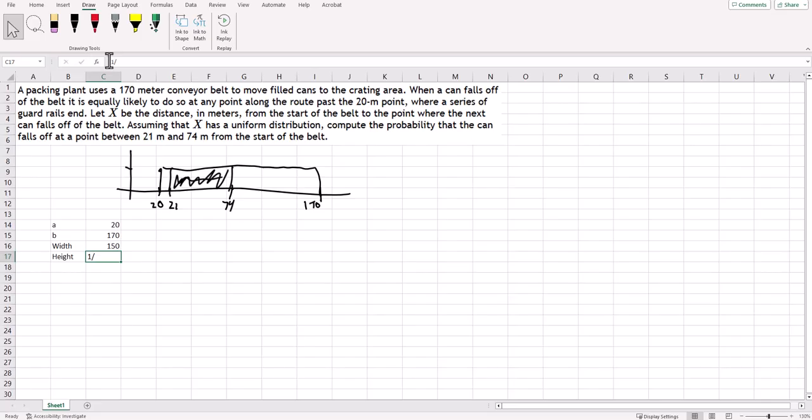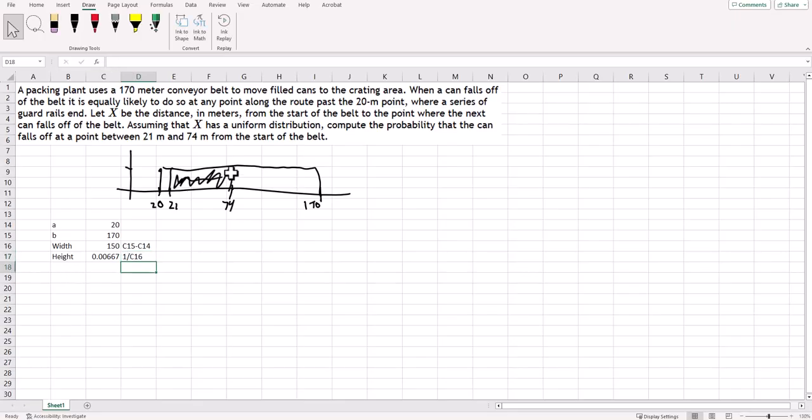It works a little better if I put an equal sign in there. 1 divided by, let's see if it'll let me click the cell now. Okay, so this would probably be a little bit easier with the numbers here, but I just want to have the work shown so that you can see it. Now, I forgot to grab the one.